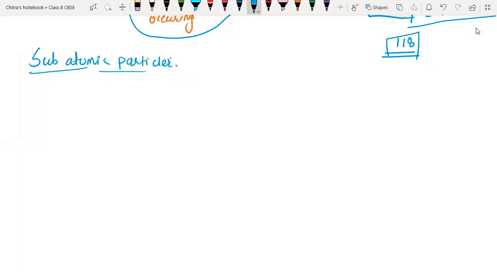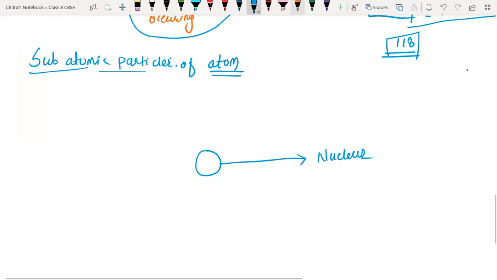Now we are going to discuss the subatomic particles of the atom. Inside the atom, at the center of the atom, it is called the nucleus, beta. So we can write the definition also. What is the nucleus?